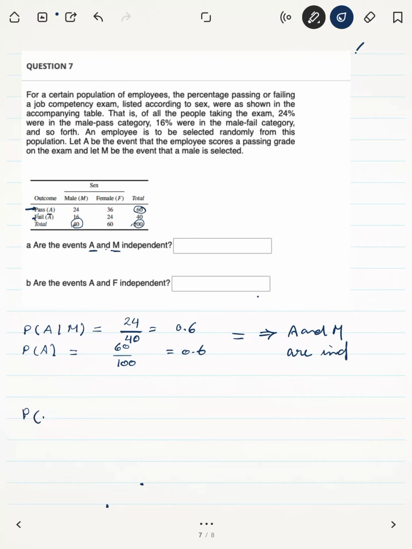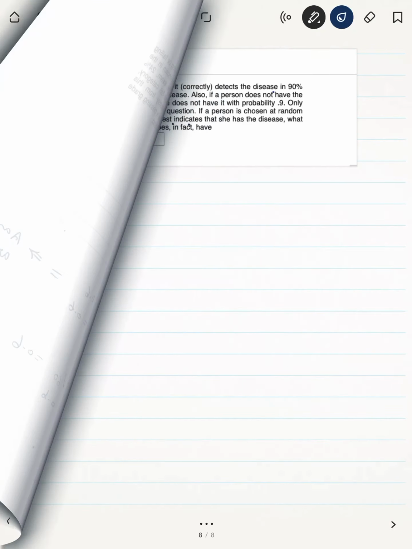Also, the question is asking for A and F, so we're going to do the same. Probability of A given F is 36 over 60, which is another 0.6. Probability of passes, we have it here, it's 0.6. Both are equal, then A and F are independent. Okay, so this is for question 7.